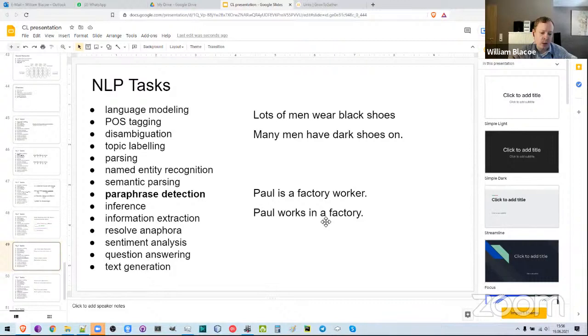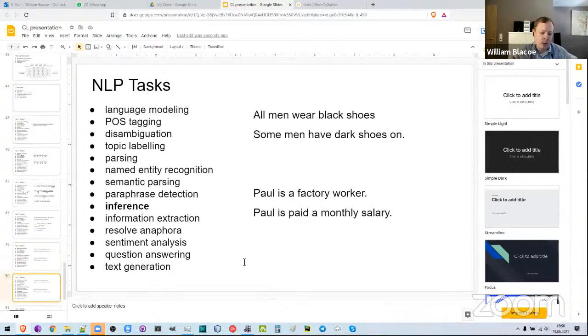Inference is trying to figure out when one sentence implies the other or entails the other. And this can be useful when someone proposes another sentence and you want to know whether that follows from what you know to be true. So I can't think of a very concrete example now, but you want to do some reasoning. You want to figure out whether, let's say, for example, fake news.